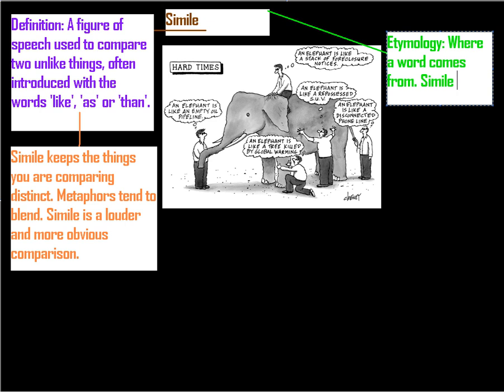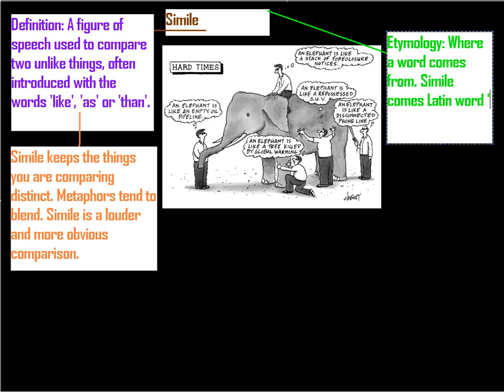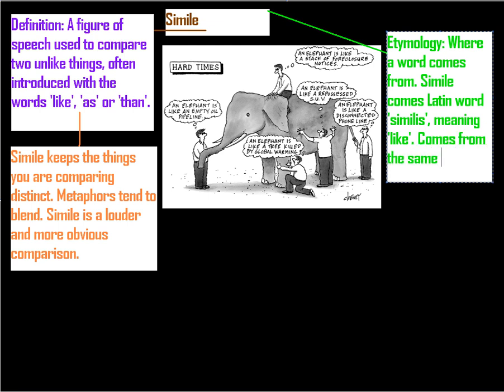So a simile comes from the Latin word similis, meaning like. Now that's the boring bit, because it's so obvious. Obviously it means like. But the interesting bit is it comes from the same root as similar. So that is just how to remember simile. Just think similar. So a simile is just comparing two things that are similar.